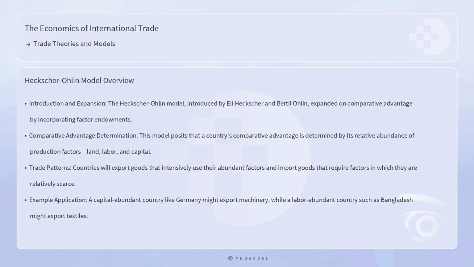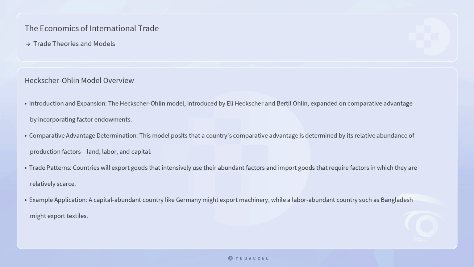The Heckscher-Ohlin model, introduced by Eli Heckscher and Bertil Ohlin in the early 20th century, further expanded on the principles of comparative advantage by incorporating factor endowments. This model posits that a country's comparative advantage is determined by its relative abundance of production factors: land, labor, and capital.